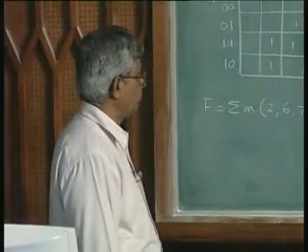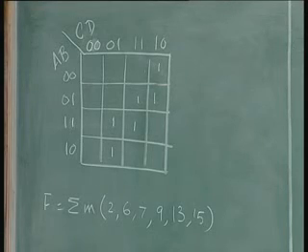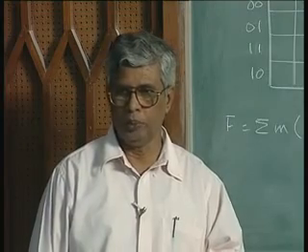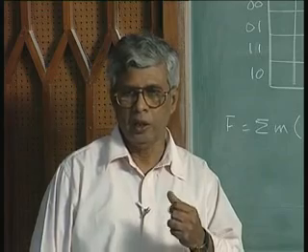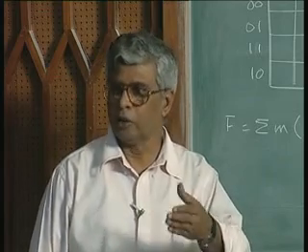Now, the idea is to group adjacent ones into groups as large as possible. If we have a smaller group which can be totally submerged in a larger group, we should not consider the smaller group.